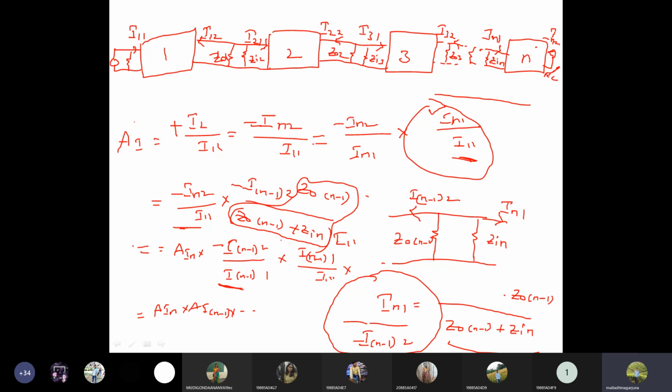Okay, so finally you can conclude, you can write the summary equation as follows.